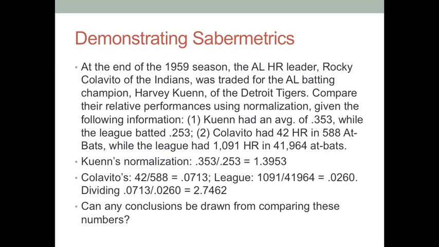You could look at Colavito and say, well, he's more than 2.5 times better than the average home run hitter, while Kuenn is about 40% better in hitting for average from that season. So which team won the trade? This is more to show that it's difficult to compare separate stats when you're looking at these, but you can still glean some information. Is batting average more important, or is power more important?